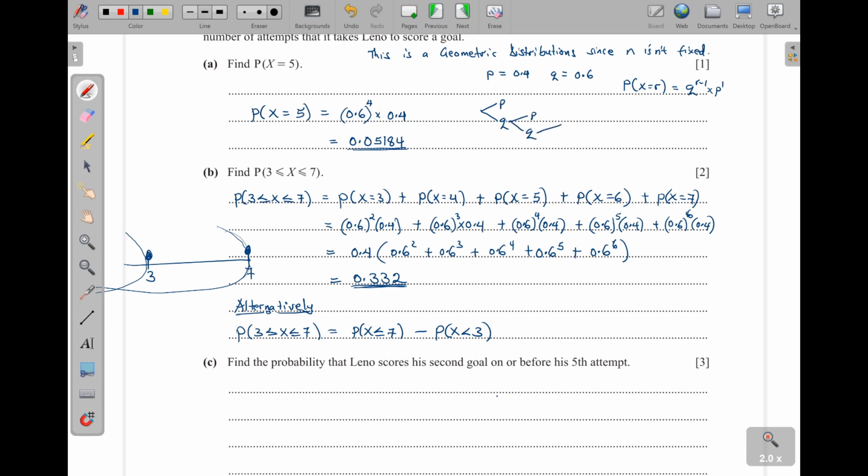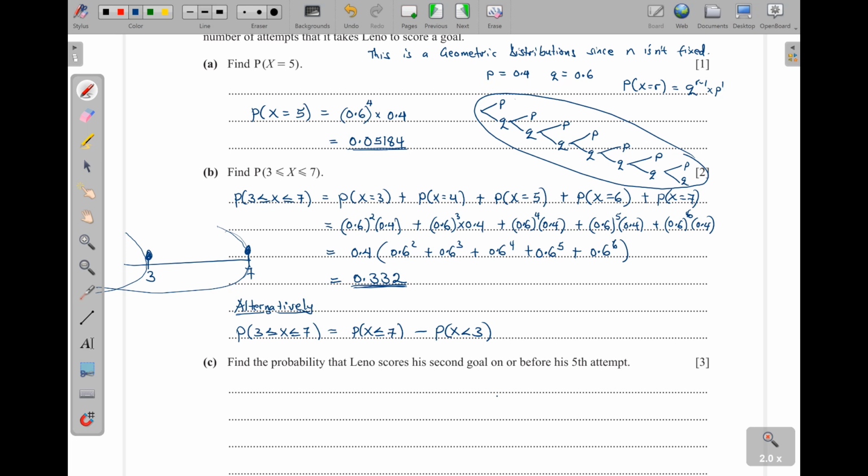Success, you fail, you continue. Q, like that. P, Q, then like that. I'm going to go up to 7. Q. This is 1, 2, 3, 4, 5, 6, and then 7 here. Okay, I'm going to take this as my tree diagram there.